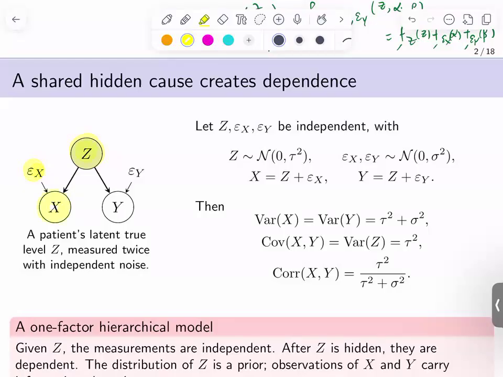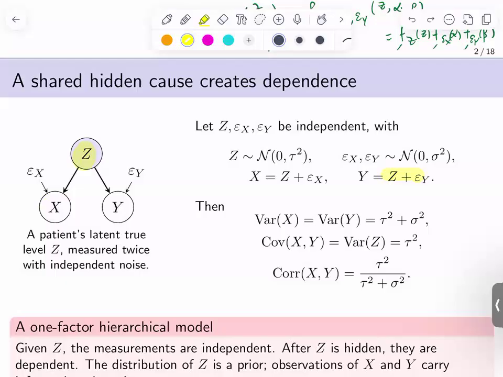These are going to be the parents of X, which means X is constructed as a function of Z and epsilon X. Y is a function of Z and epsilon Y. And so they determine Y together, and Z and epsilon X determine X together. So these two pieces are independent of each other, but Z is influencing both X and Y. So they have a common component, which oftentimes happens if you think of this as a hidden cause.